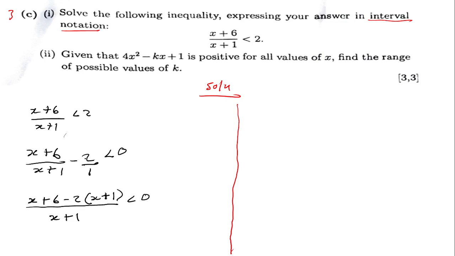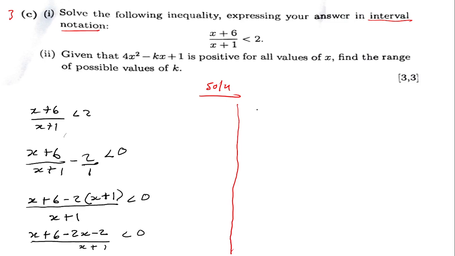When you work that out, this will be x plus 6. Negative 2 times x is negative 2x. Negative 2 times 1 is negative 2, over x plus 1, which should be less than 0.